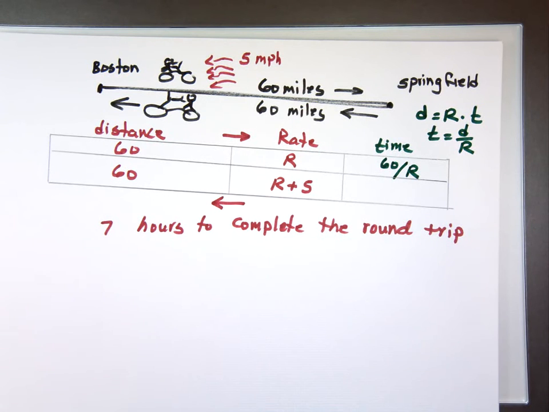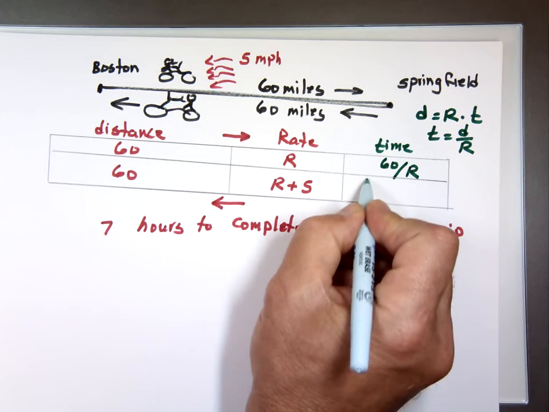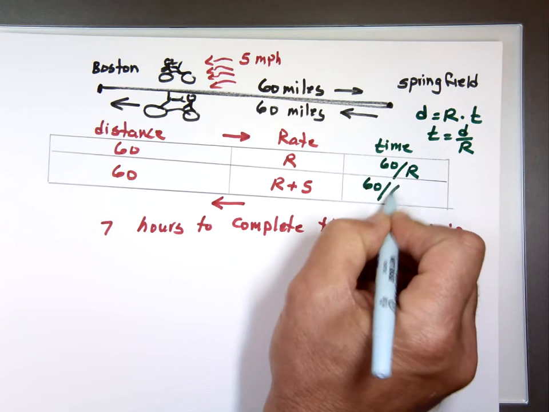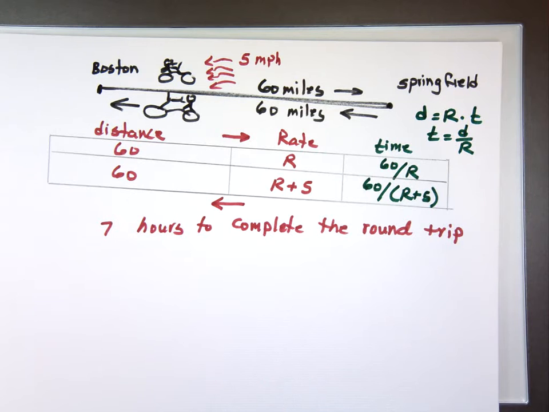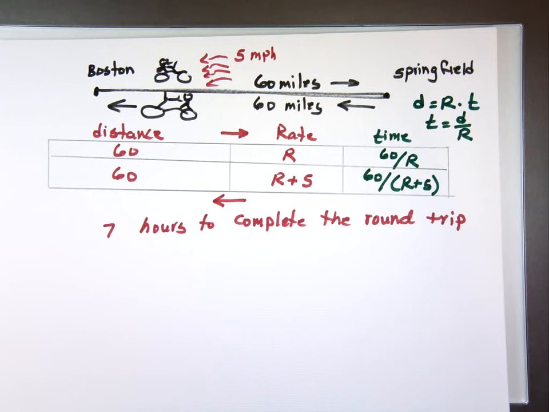The distance, which is what? 60 divided by R plus 5. I'm trying to find how fast I was going on my bike there. That's what I'm trying to find out. How fast was I moving, the rate?